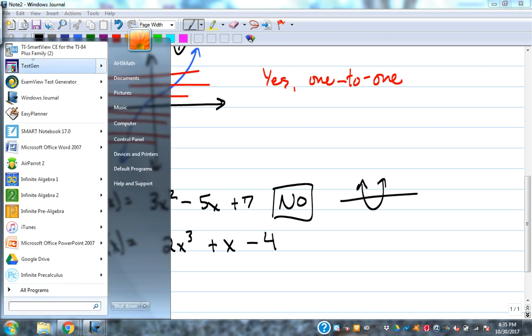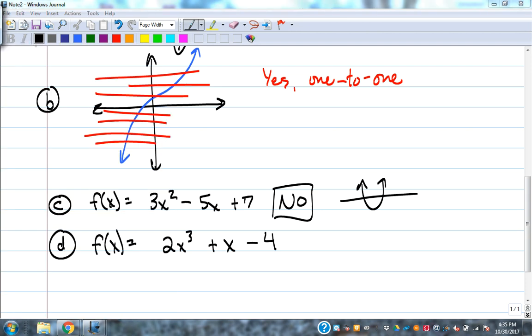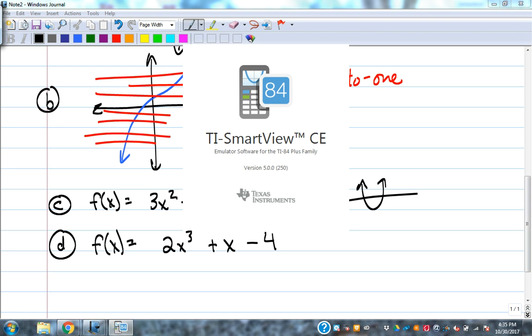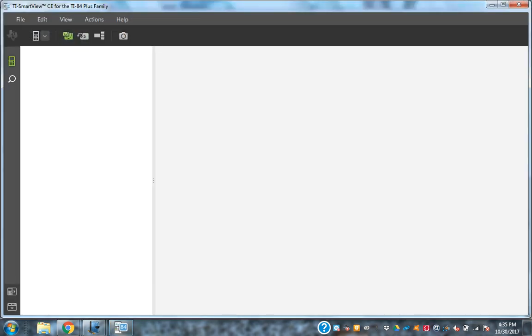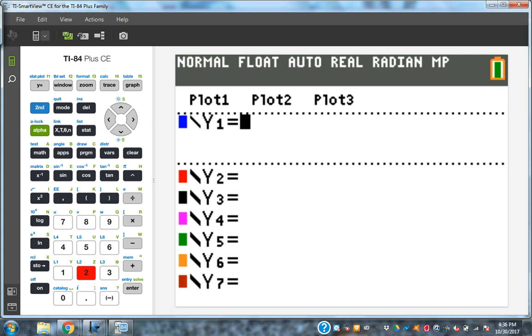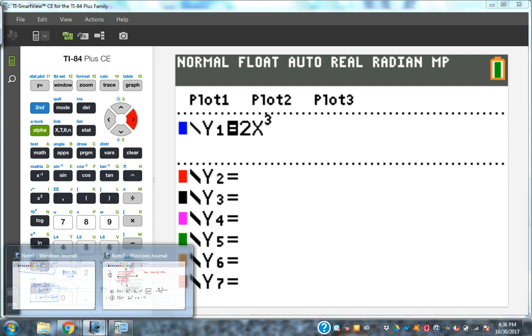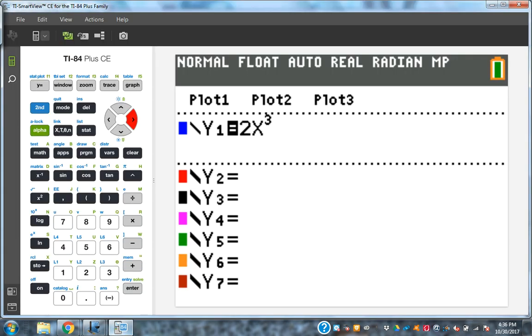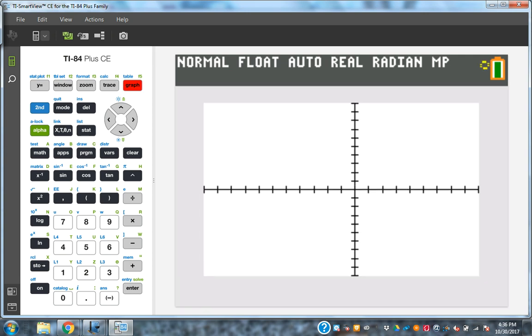So you'd pull out your graphing calculator and you'd graph that equation and see if it would pass the horizontal line test. And depending on what stuff is in the middle there, the 2x cubed, the plus x, that changes things. So here we got 2x to the third plus x minus 4. So does that pass the horizontal line test?